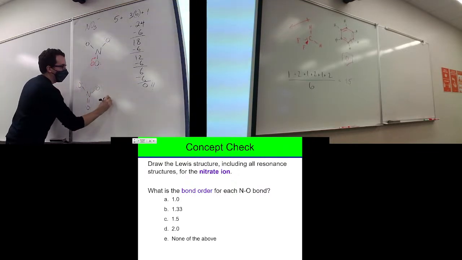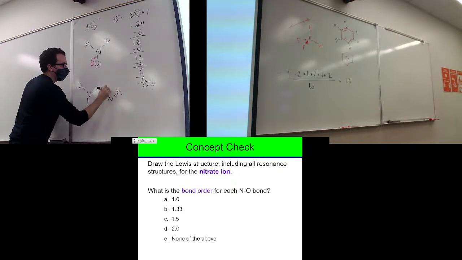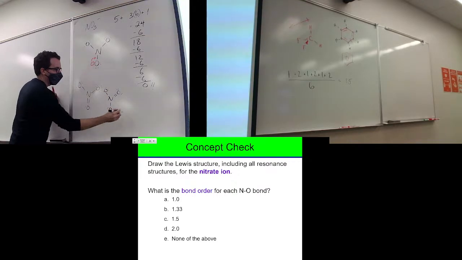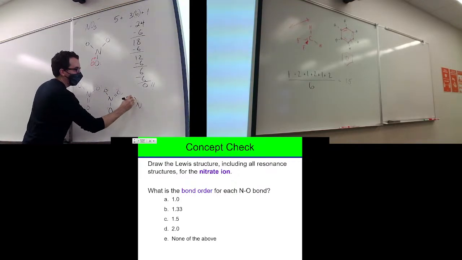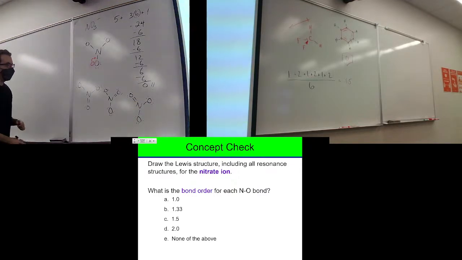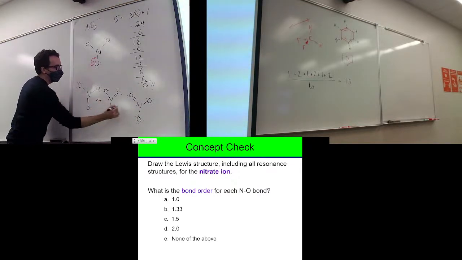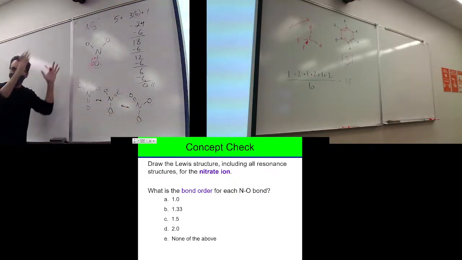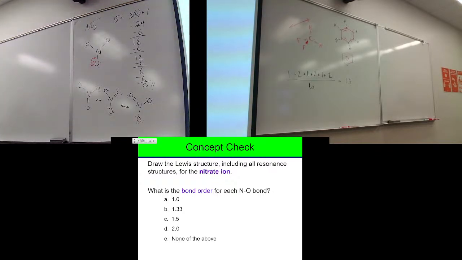The other one is going to be when I borrowed it from the top right. And then the last one's going to be where I borrow the electrons from the top left instead. So these are the three resonance structures. What I'm leaving off here is the square brackets with the minus sign on it, but that's okay.